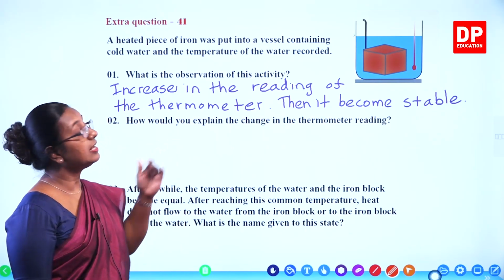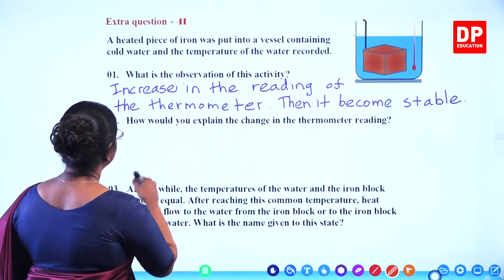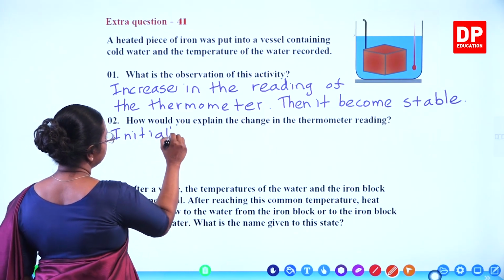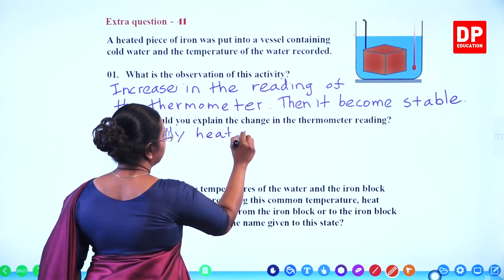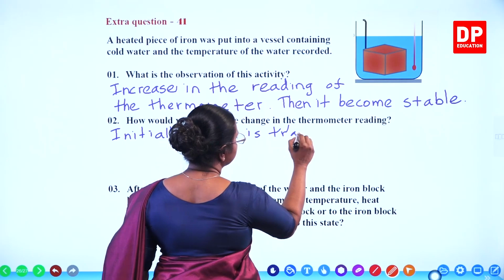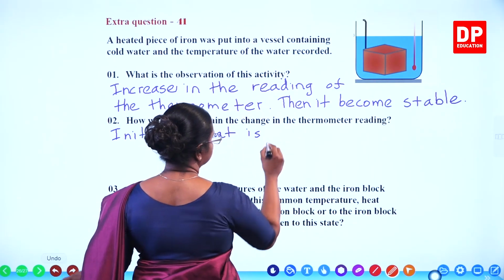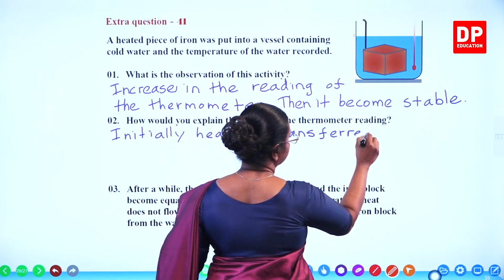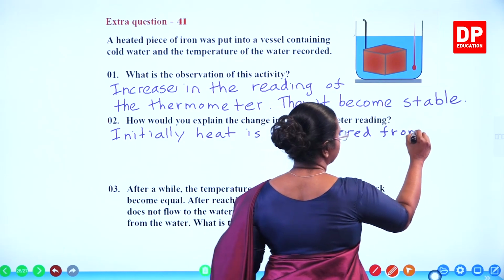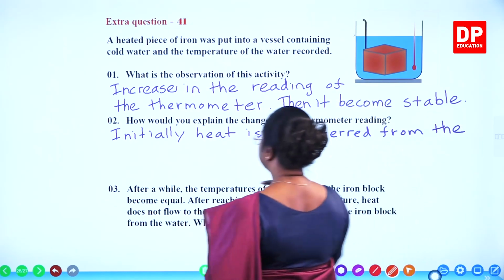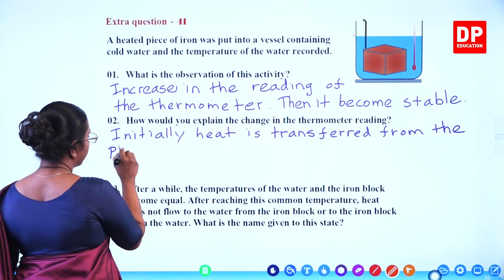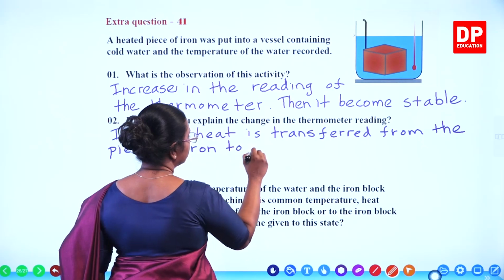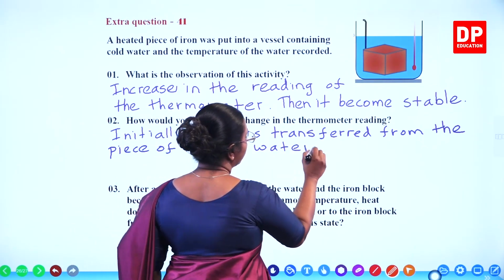Initially, heat is lost by the iron to water. So here we can say initially heat is transferred from the piece of iron to water.